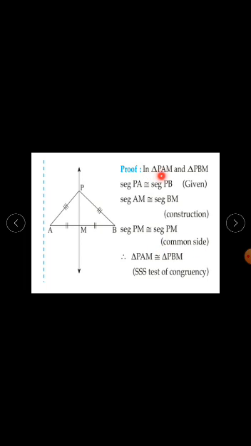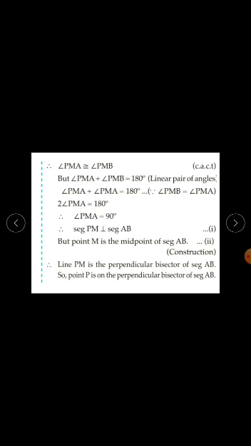Therefore, triangle PAM is congruent to triangle PBM by the SSS test of congruency.